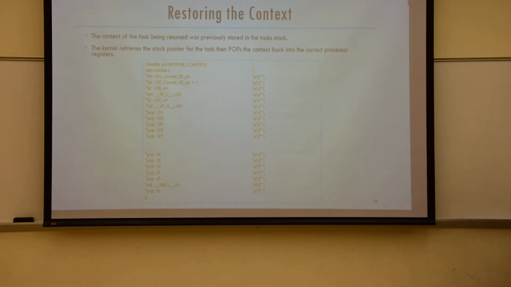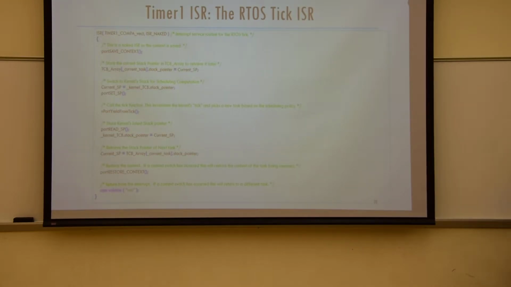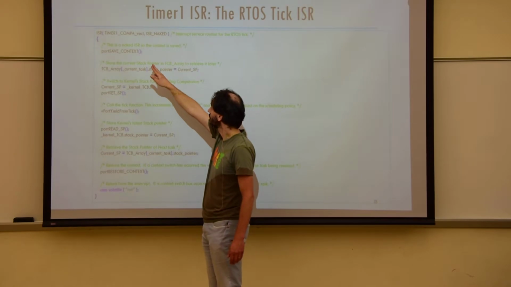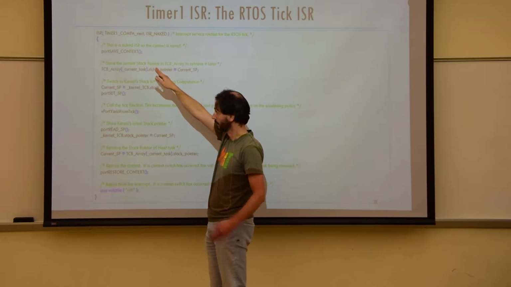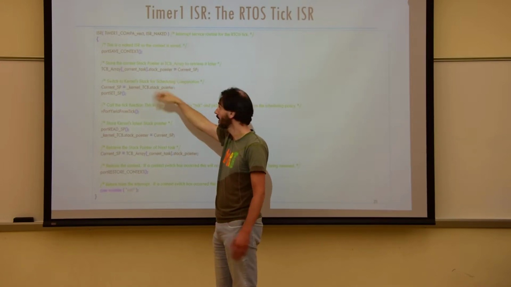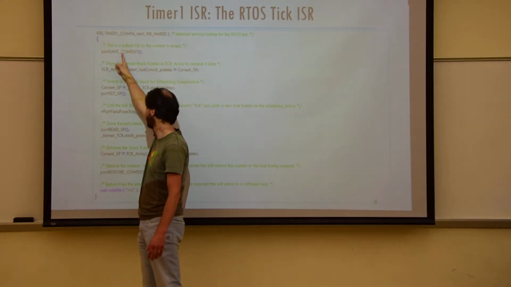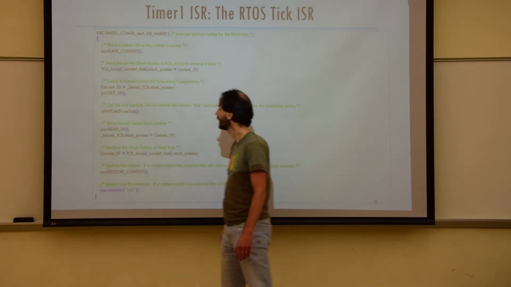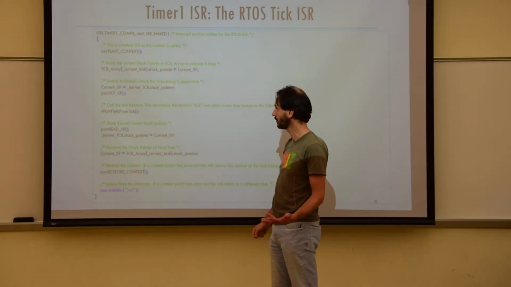So that's all in the code. And now we see that if we have a timer 1 compare vector interrupt service routine with the ISR naked command, we have now our own save context and our own restore context. But notice, which context are we going to restore?